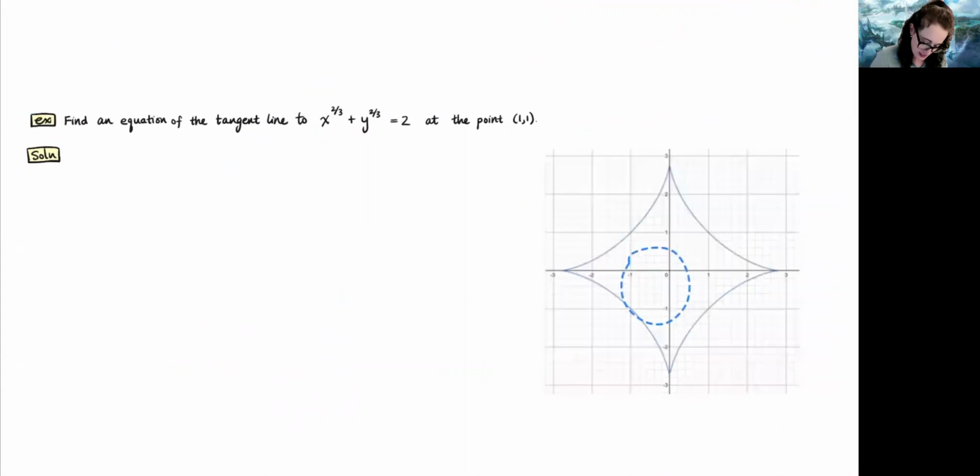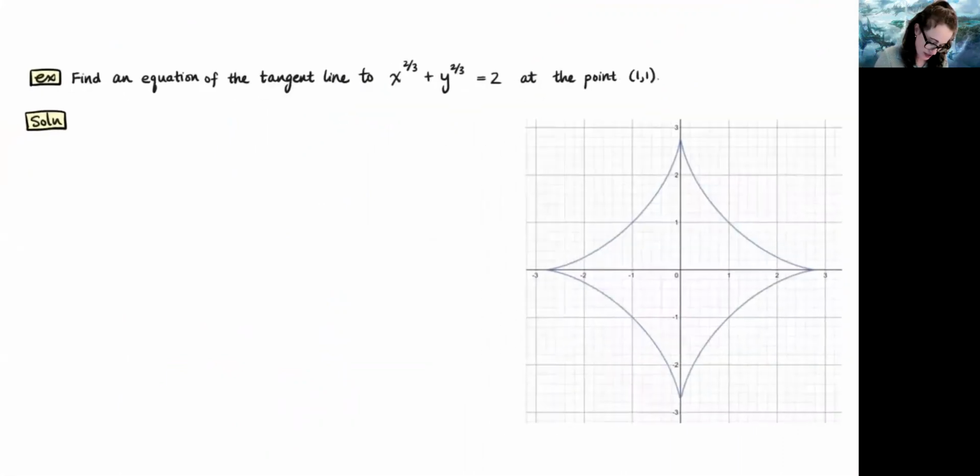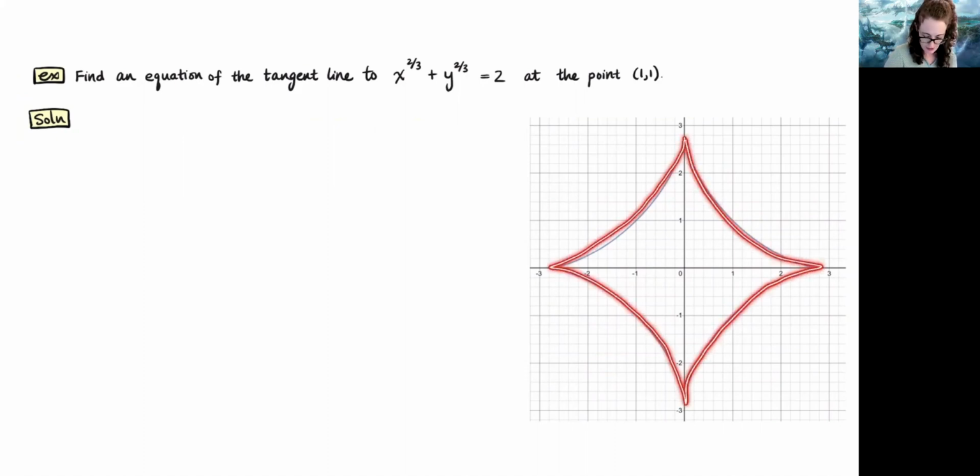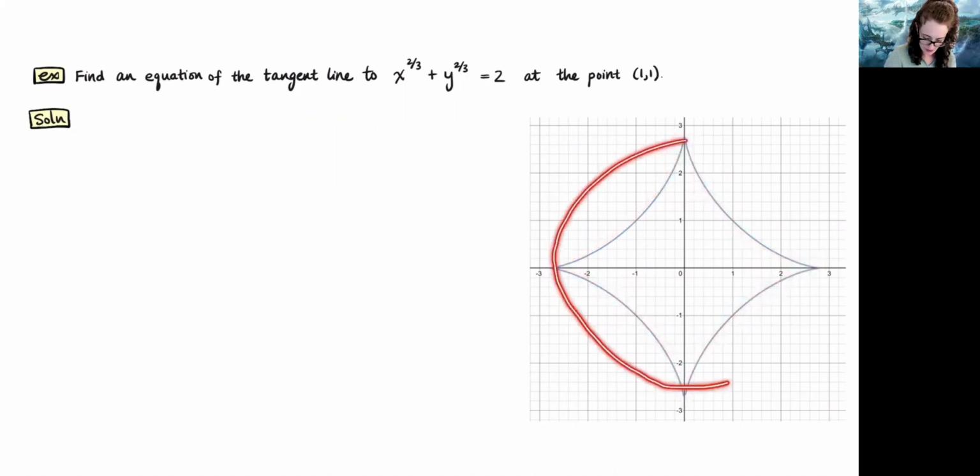So let's find the equation of the tangent line to this curve, x to the 2/3 plus y to the 2/3 equals 2 at the point 1, 1. Okay, so again, this graph has a nice enclosed shape like this. You can think of it as kind of like a circle.